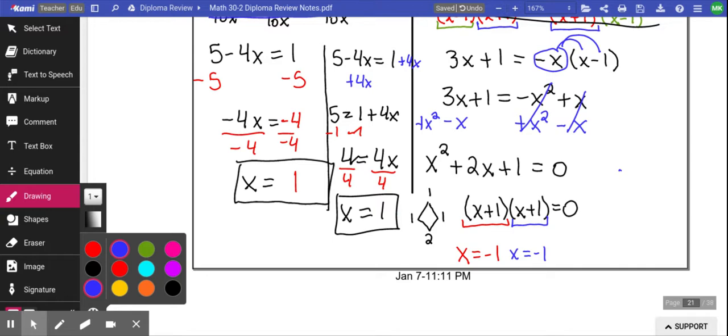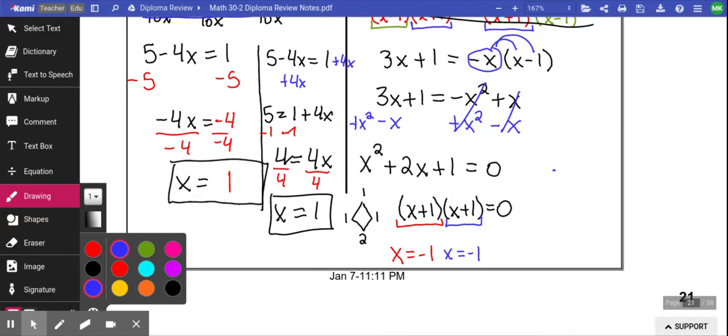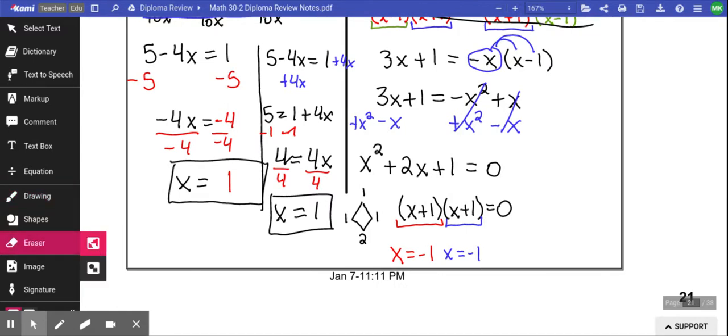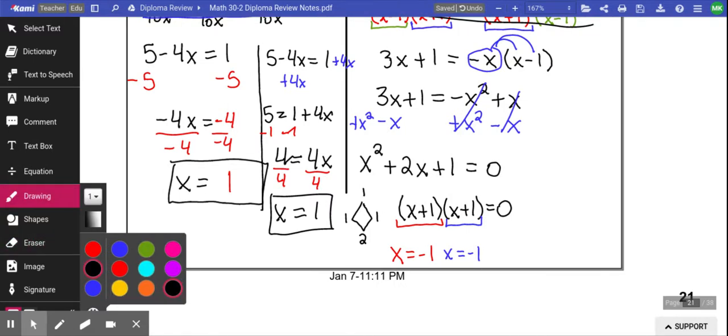If you try to factor and you can't, and you're like, I don't remember how to do diamond method, and you're stuck, and that can be a frustrating moment, remember that you can solve quadratics by using the quadratic formula. That will work for every single question, even the ones that don't factor.